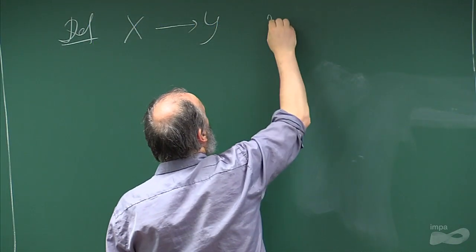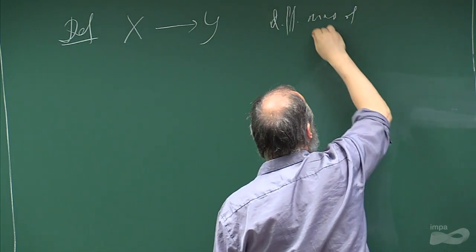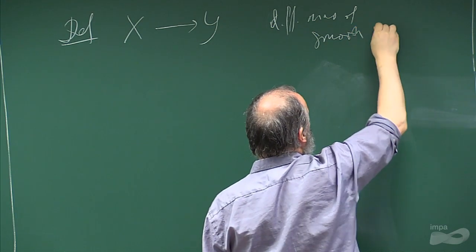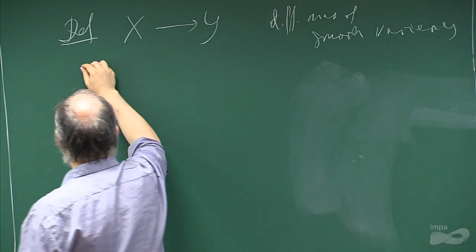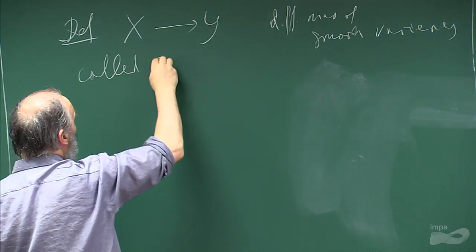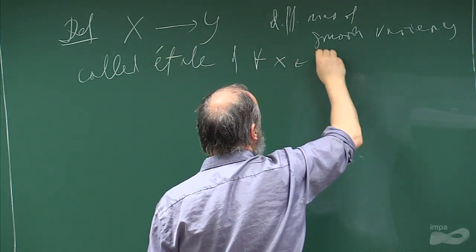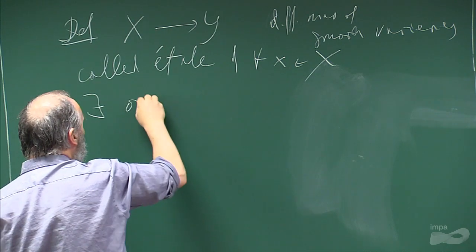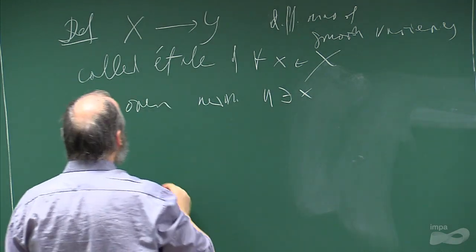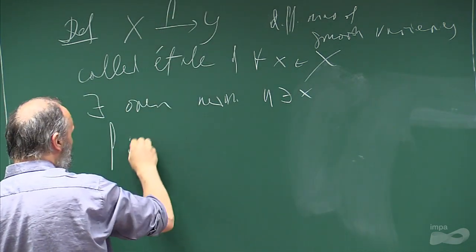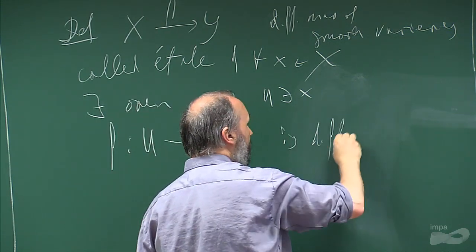A differentiable map of smooth varieties is called étale if for each point x in X there exists an open neighborhood U containing x such that f from U to its image is a diffeomorphism.